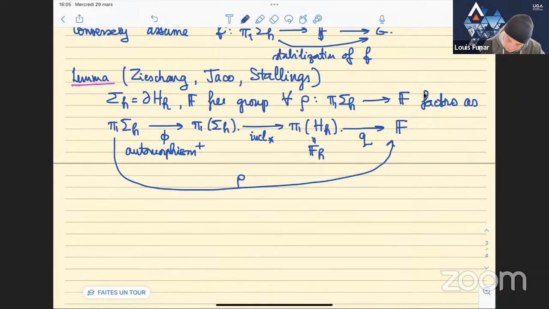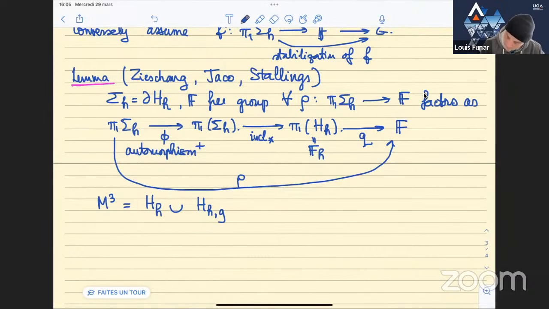And now, once we have this lemma, we can do a construction in a very simple way. I'm taking a free manifold, which is simply H, the handle body of genus H. Now I'm adding the handle body of genus H, or the compression body, the standard compression body.